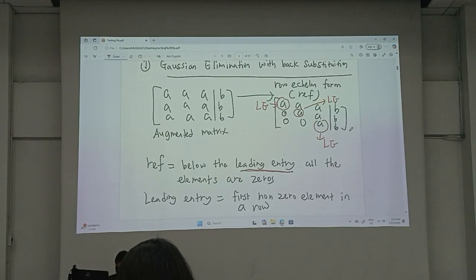So let's take two examples, to be clearer.